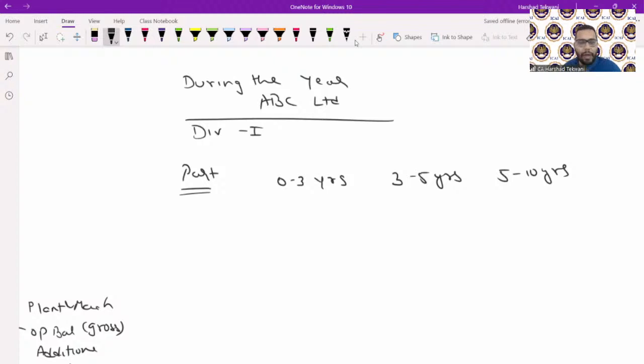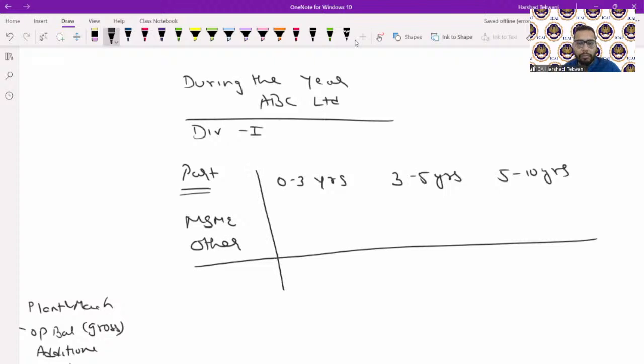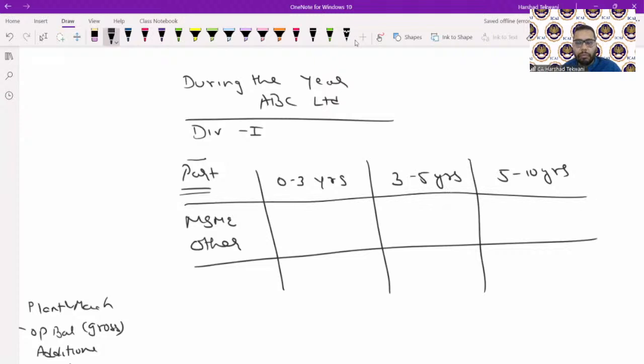Then MSME and others, they disclose this much amount in their schedule. That's it, total trade payables. This was the disclosure for trade payables.